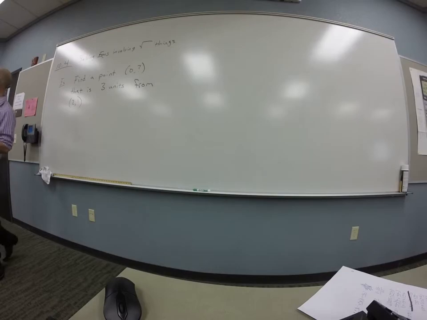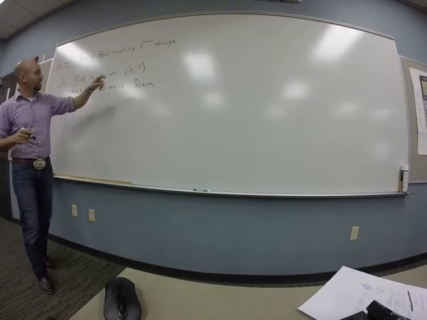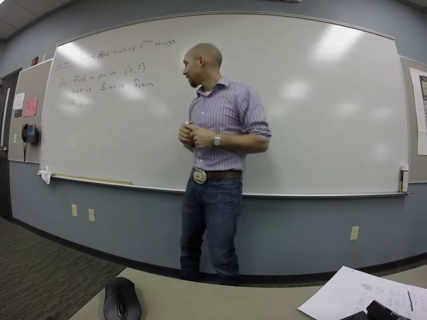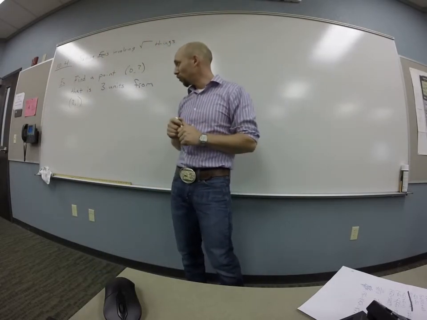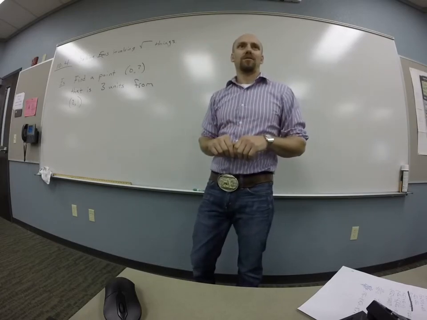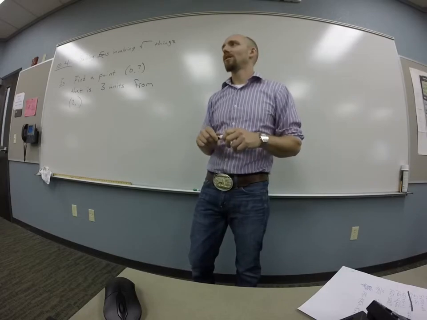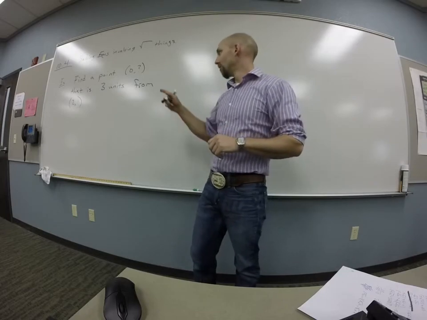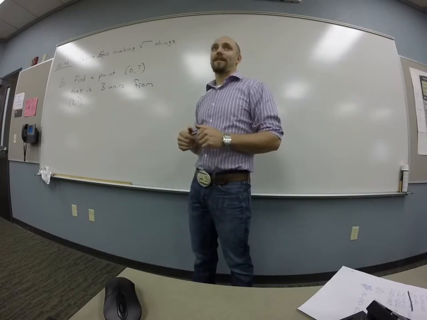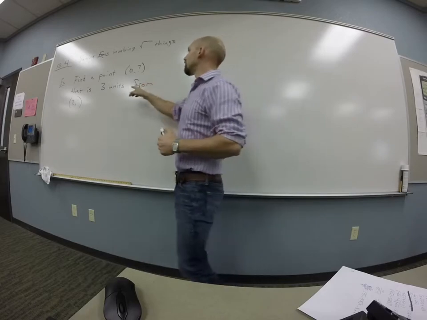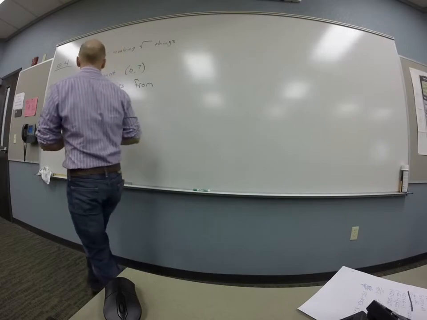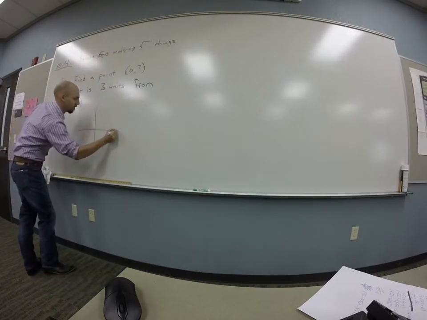Kind of, right? Find a point, 0, comma, question mark, right? That's 3 units from 2, 1. So can we just put 3 in where the question mark is? No. No? Why not? So it's 3 units from this point, right? Okay, so let me think.